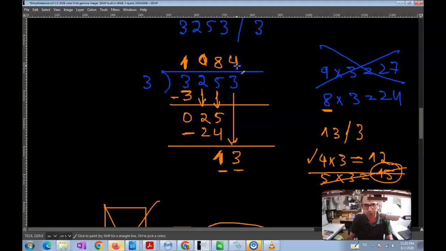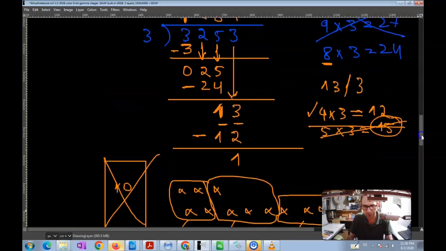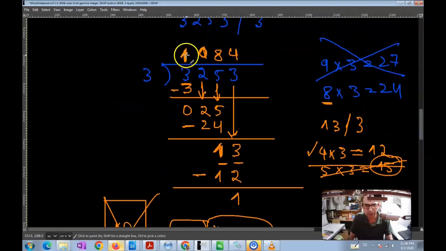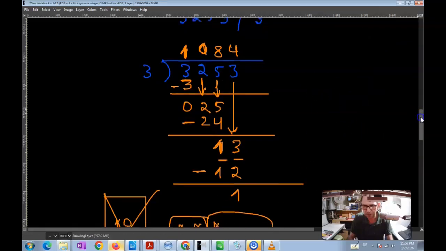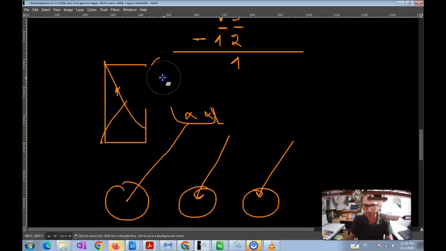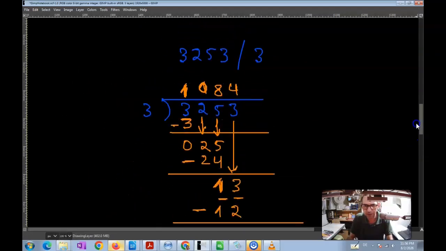So I put the 4 over here, 4 times 3 is equal to 12, and then subtract. 13 minus 12 is equal to 1, and that's the one single pebble that was remaining here, right? Our operation is now exactly like this.